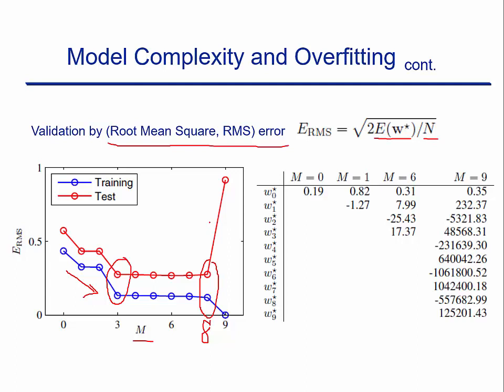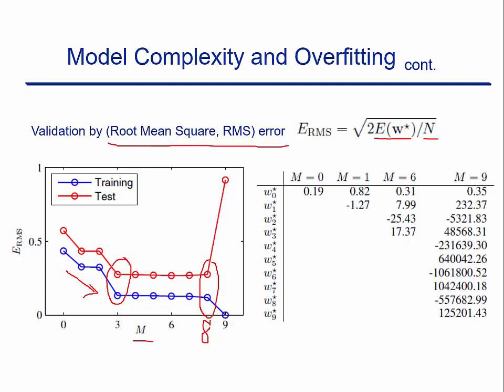This is a very significant signal of the model overfitting the training set. So this means with our current polynomial regression model, we should stop here. We should not go beyond m equals 8.